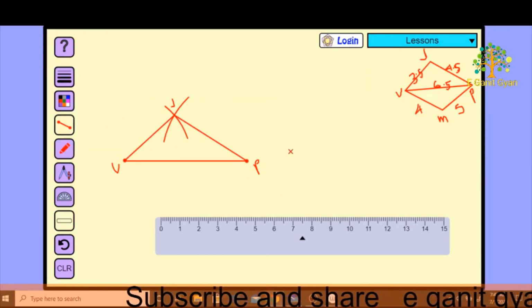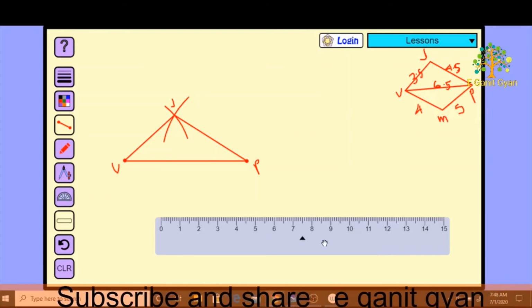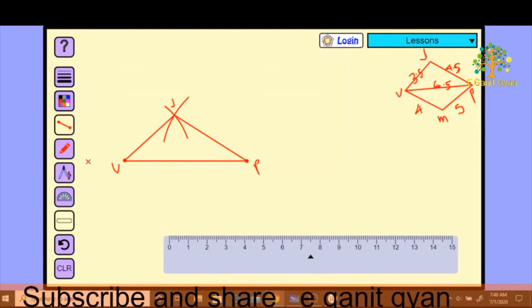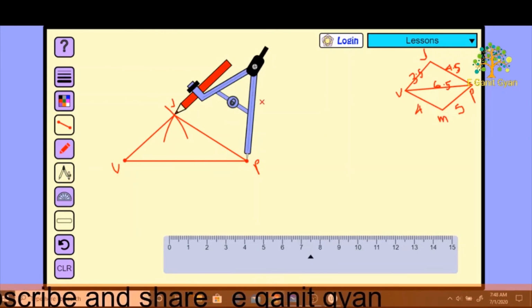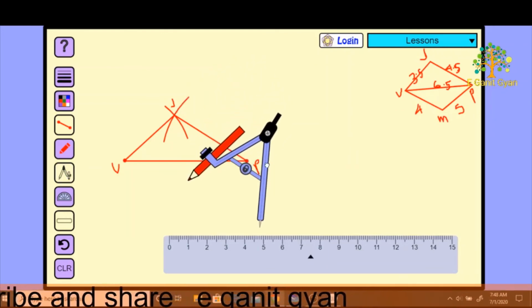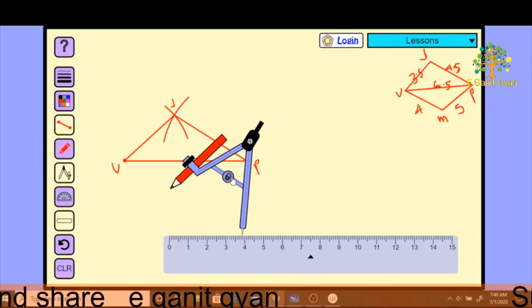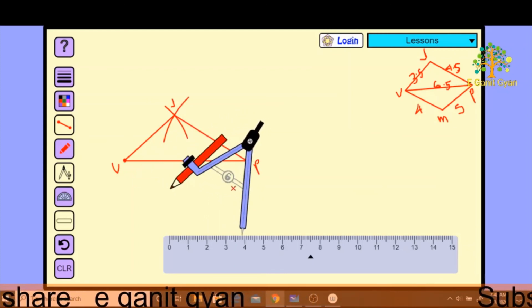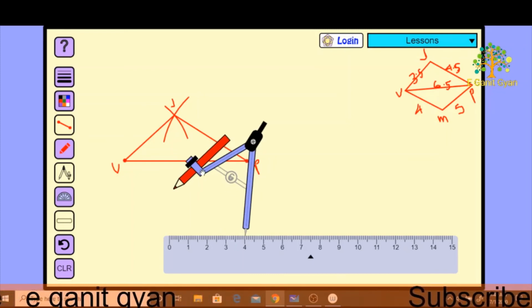Okay. Then we can construct vertex M the same way. First of all take the compass with U as the center. Take 4 centimeters on the compass.